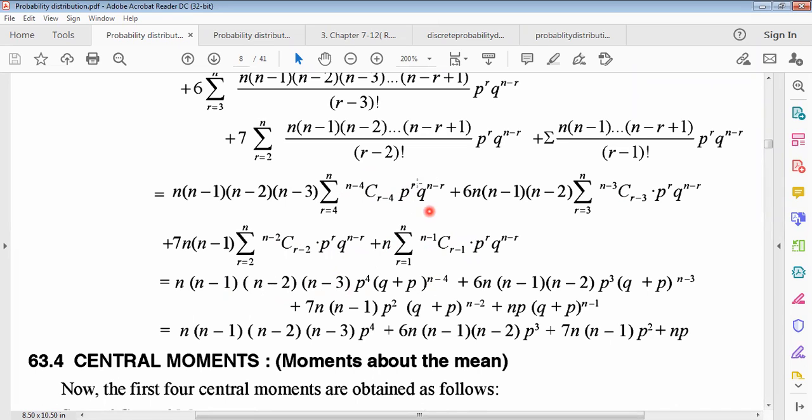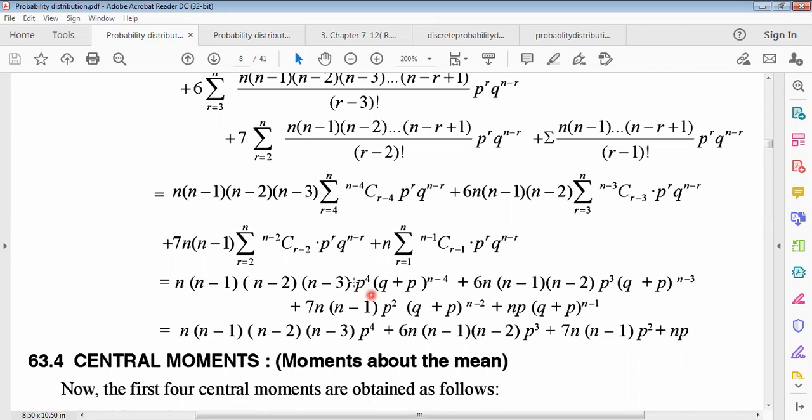Then we get another binomial series formula. For the third term we take common p square, then it will be p to the power r minus 2. For the fourth term we take common only p, then it will become p to the power r minus 1.